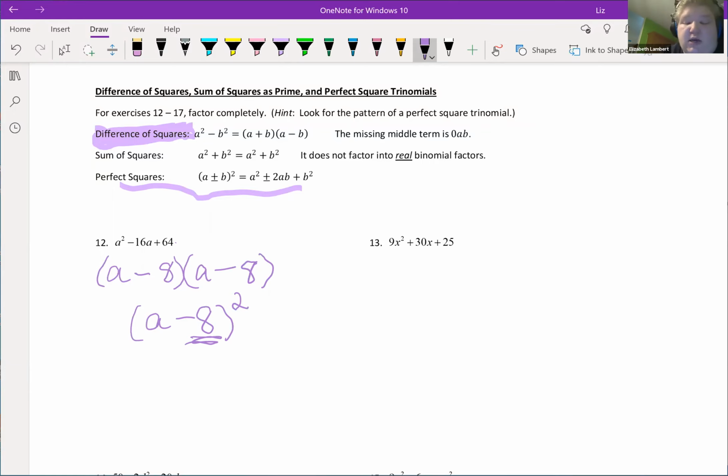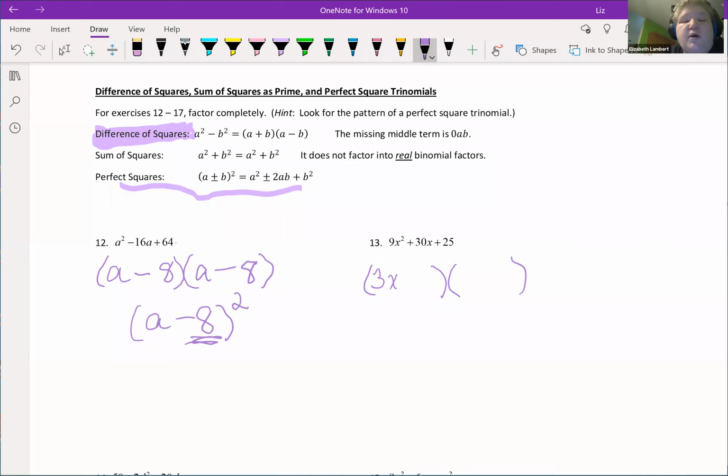Now sometimes it can look a little crazier, like number 13 over here. So 9x squared plus 30x plus 25. The AC method will totally work here, but if you notice 9 and 25 are both perfect squares, let's make the leap of faith.